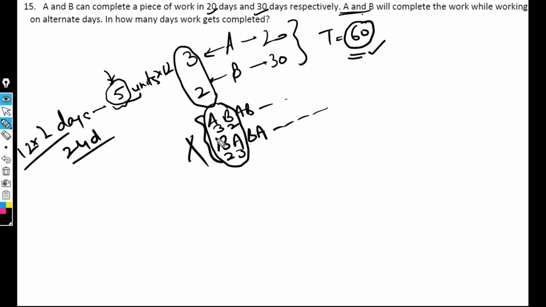Anubhav, in 2 days, they are able to complete 5 units. Is it clear, Anubhav? Good. So 60 divided by 5, quotient is 12. Multiply both sides by 12, that's it. 12 into 2 is 24. Good, no issues.